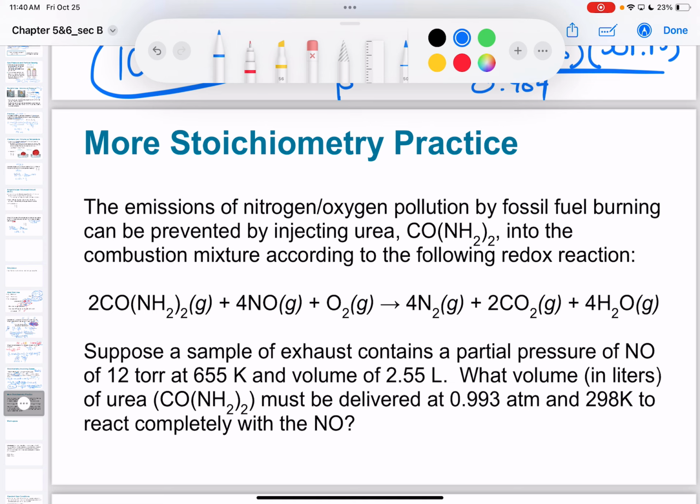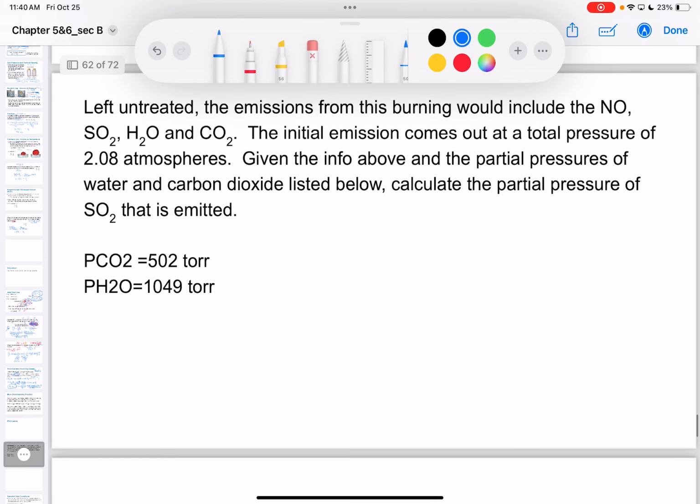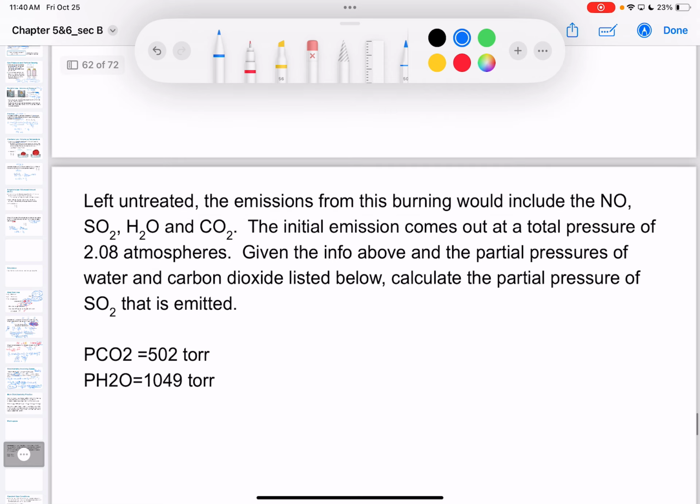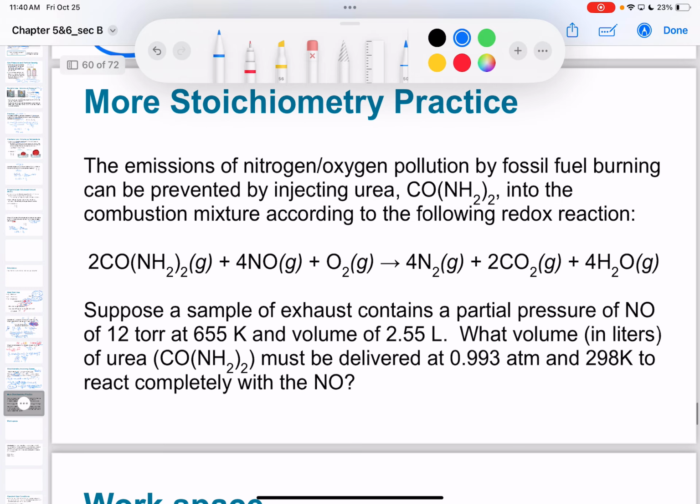There we go. Okay, so we're going to work this problem. This one, we don't have enough to do that yet. We haven't talked about partial pressures. We'll do that on Monday. It sounds way more complicated than it is. Okay, so chemical reaction, we're starting with a gas and ending with a gas.